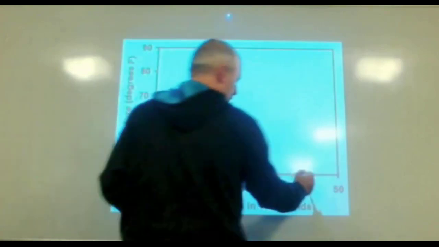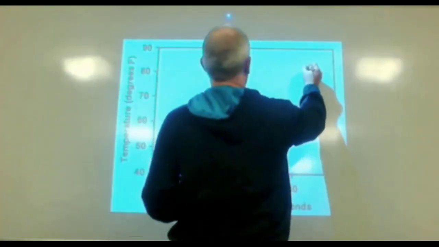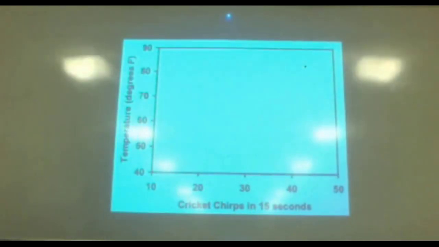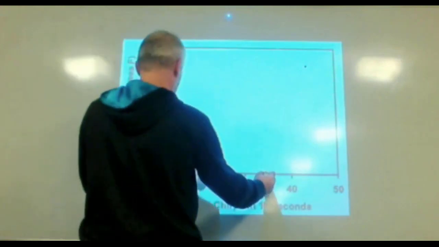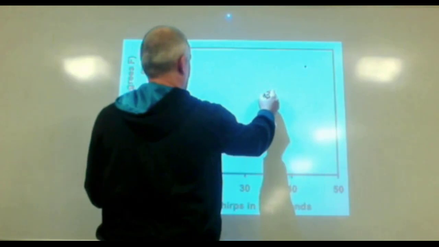So 44 would be about right here, and 80.5 we're going to go up to about there. Okay, so we're just going to put a point to represent that information, 44 chirps and a temperature of 80.5 degrees. Next one, 35, which would be right here in the middle, goes with 70.5, so that's going to be right about here.